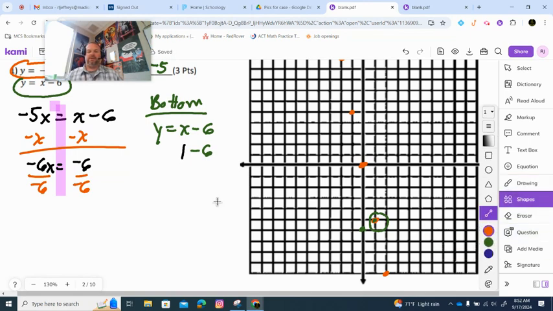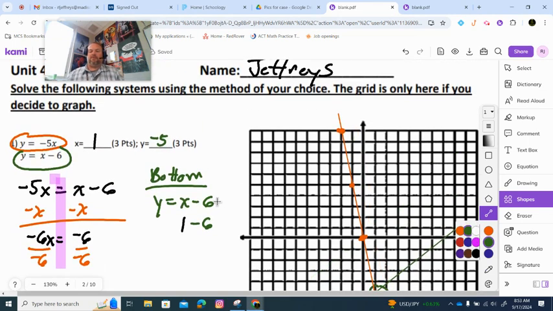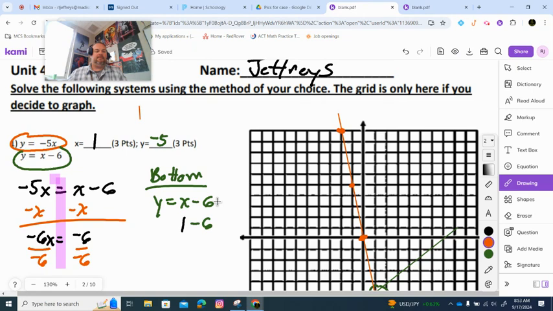Even if I did my shapes, for the orange one, my B is 0 because there's not a number. My M is negative 5 over 1, which means down 5 to the right 1.